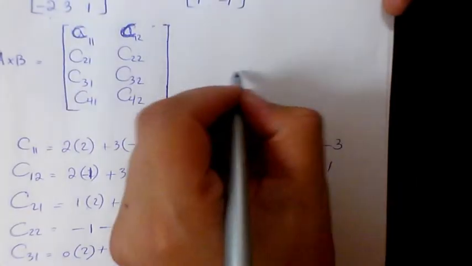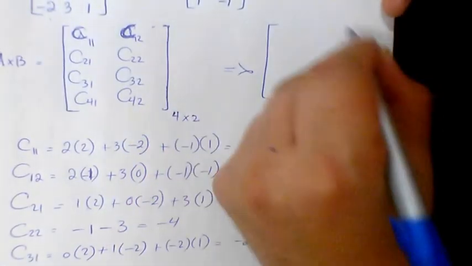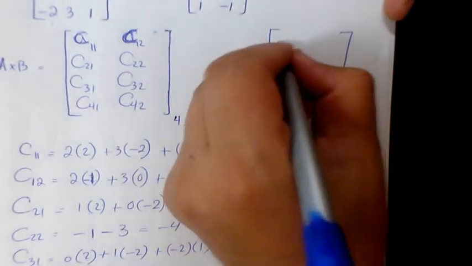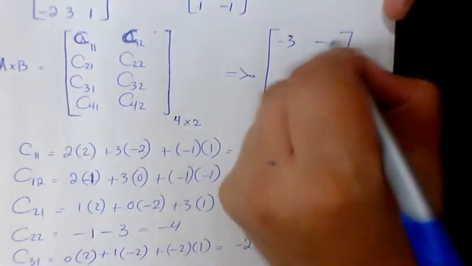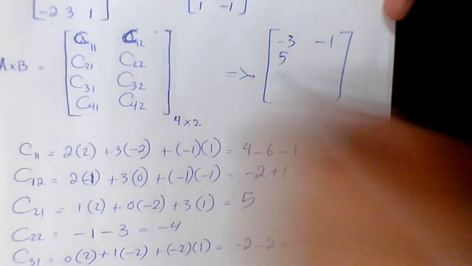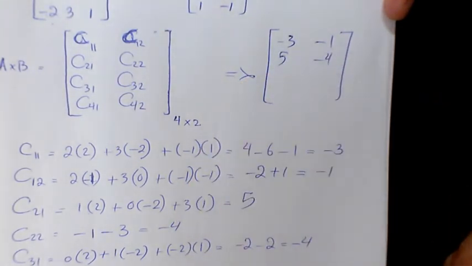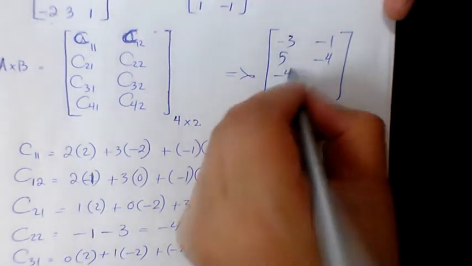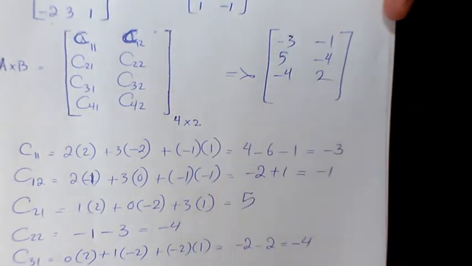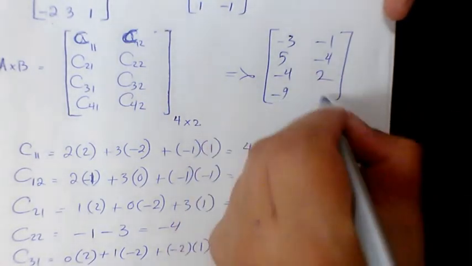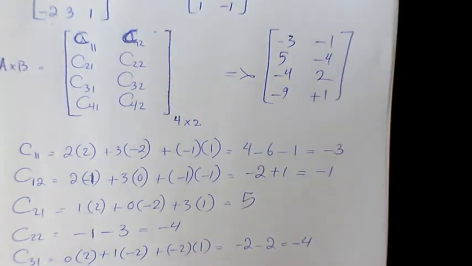So the answer is going to be, I'm going to write it here, negative 3, negative 1, 5, negative 4, negative 4 again, positive 2, negative 9, plus 2. That's going to be the final answer.